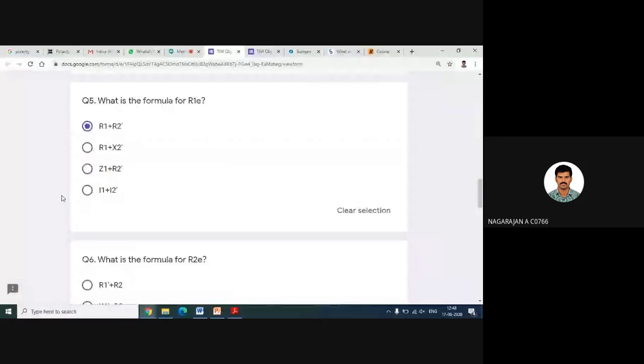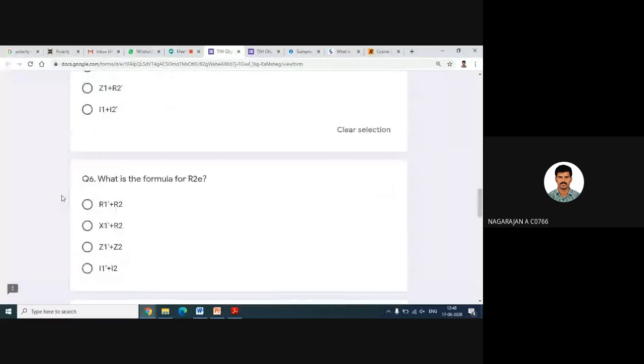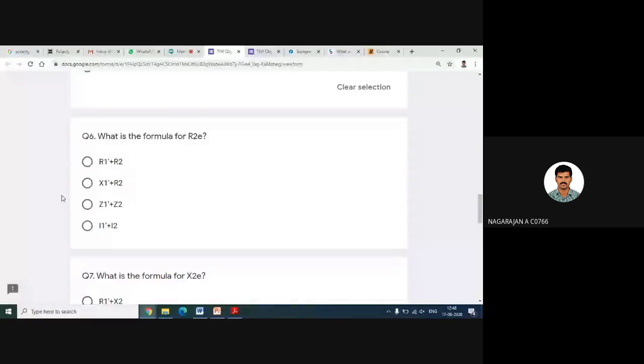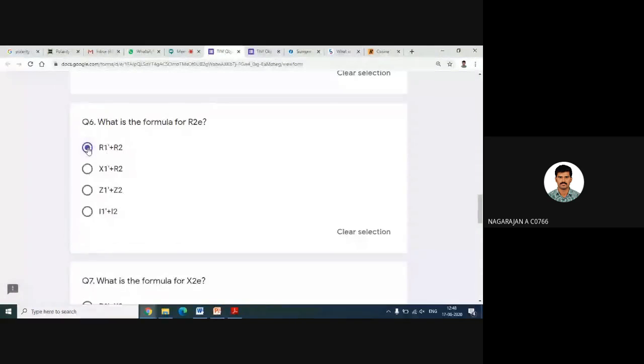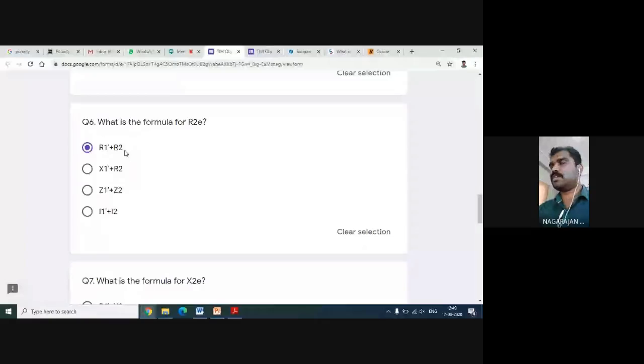What is the formula for R2E? This is equivalent resistance referred to secondary side, which is R1 dash plus R2. If the question is given as referred to primary, put R1 as it is, then R2 should be given with dash, R2 dash.